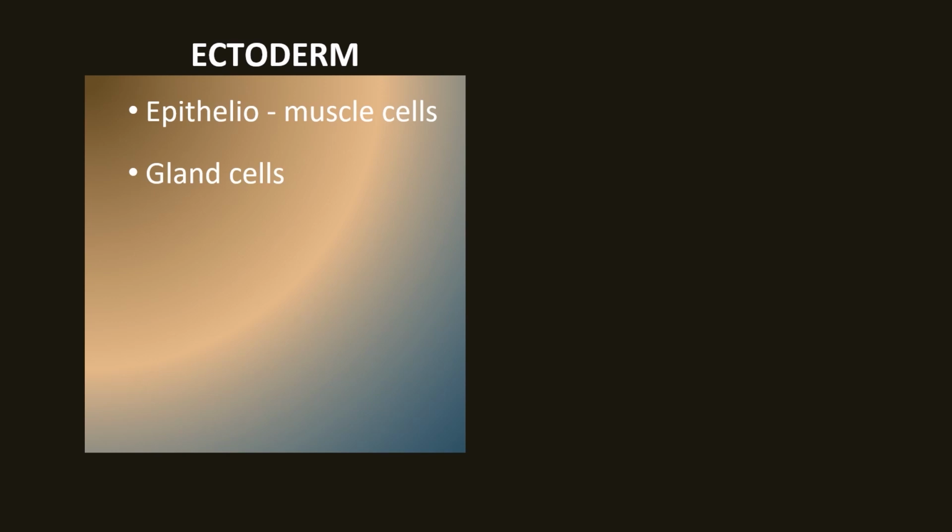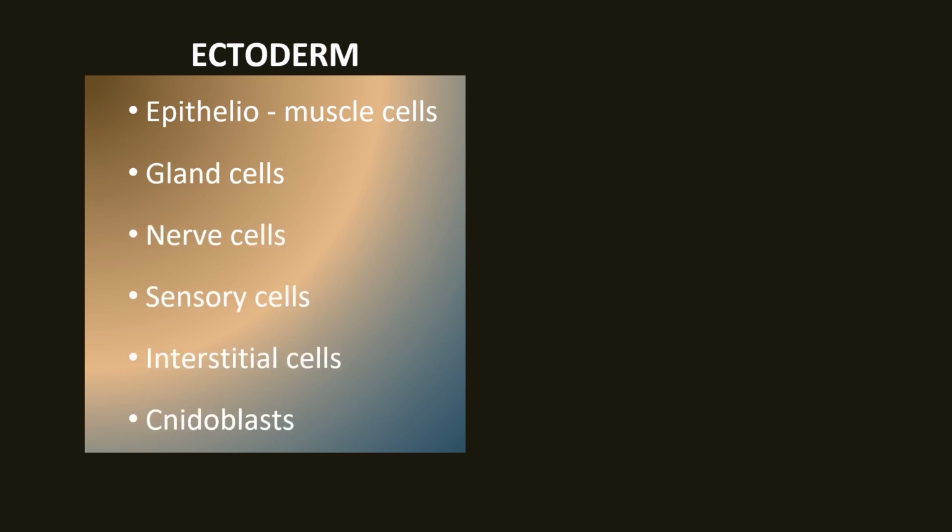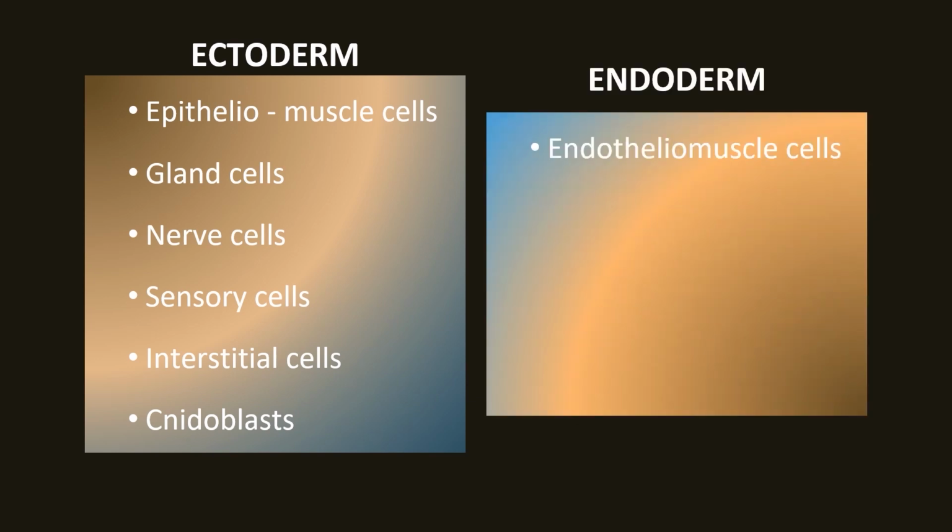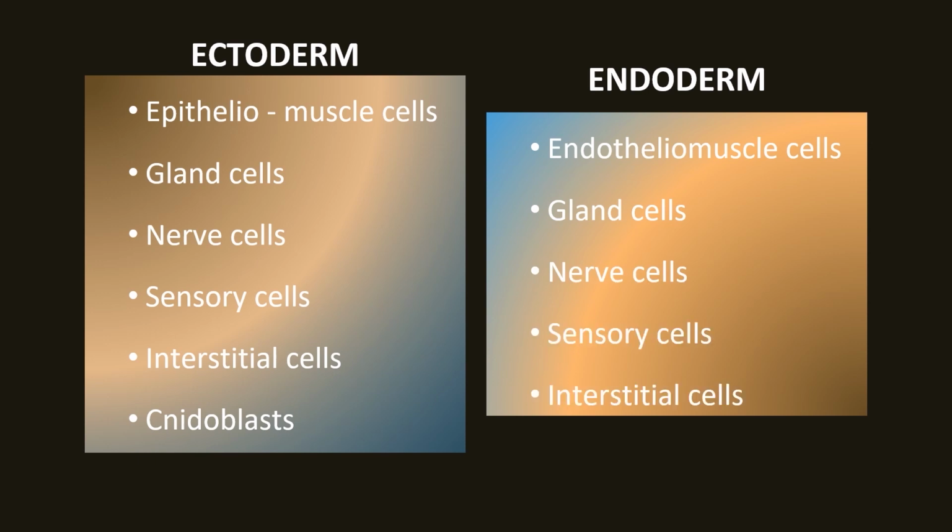The ectoderm consists of epitheliomuscle cells, gland cells, nerve cells, sensory cells, interstitial cells, and cnidoblasts. Endoderm consists of endothelial cells, gland cells, nerve cells, sensory cells, and interstitial cells.